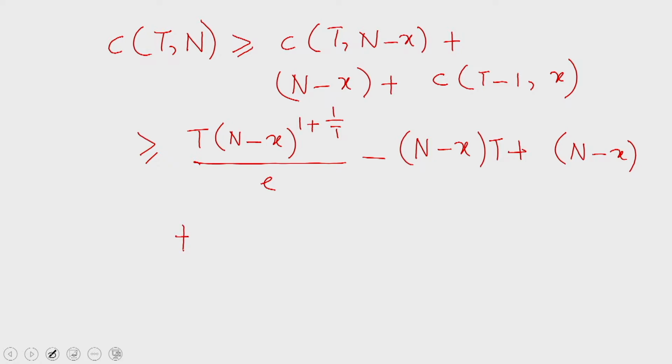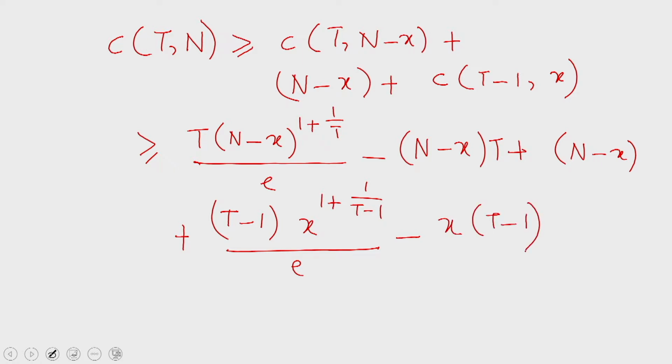and then substituting for the last term, we have (t minus 1) into x power 1 plus 1 divided by t minus 1. So, that is the expression we get. If you gather some of the terms, we can simplify this. You would recall that e here is the base of the natural logarithm.